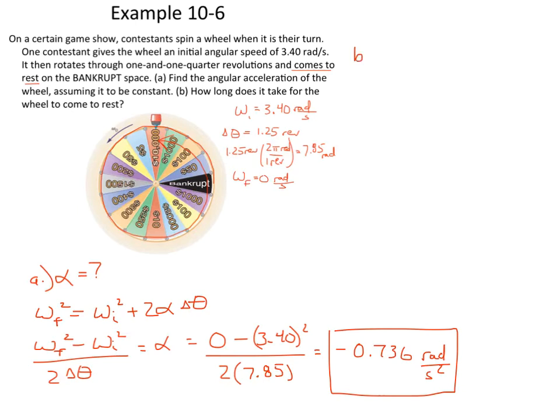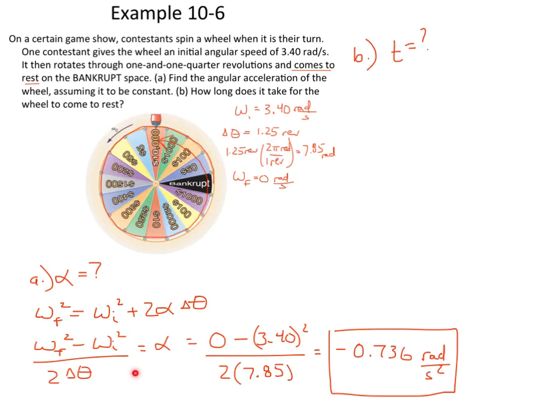All right, part B, let's solve for time. T is our unknown. We have initial angular velocity, displacement, and final angular velocity. We used this same equation before, so let's use a different one that involves our acceleration.